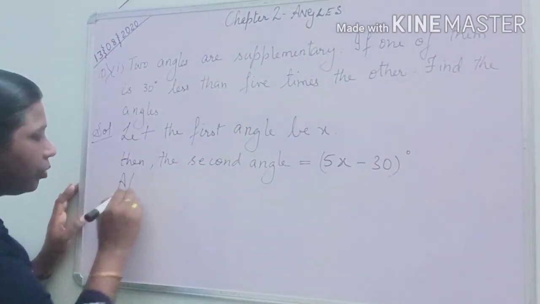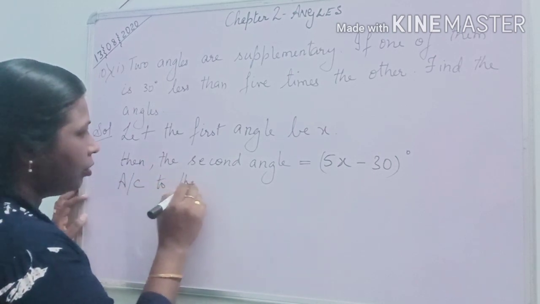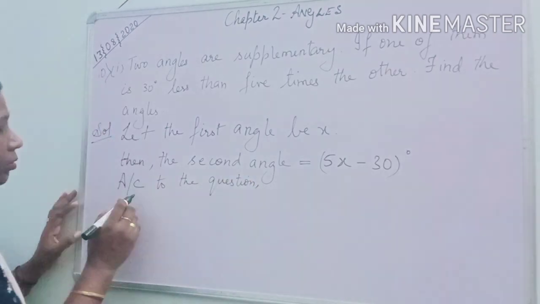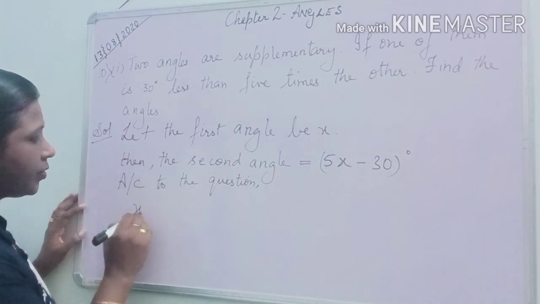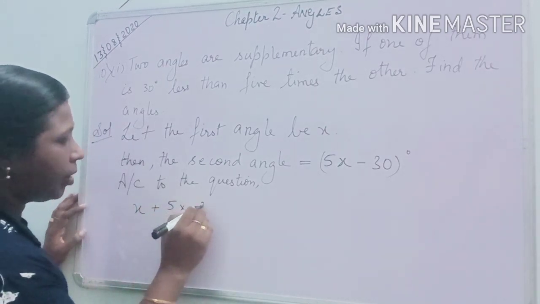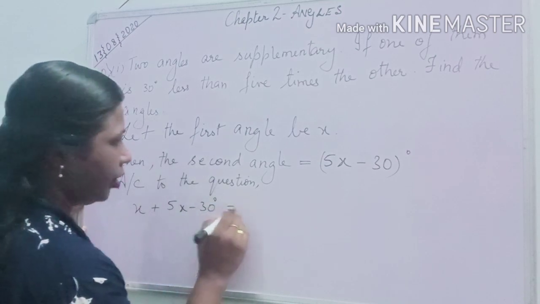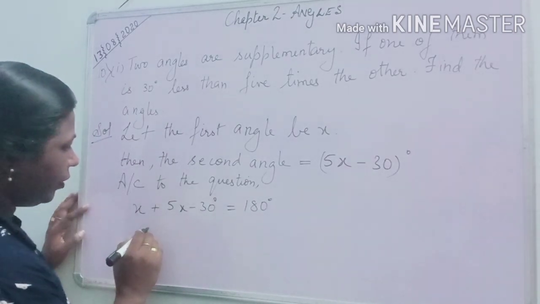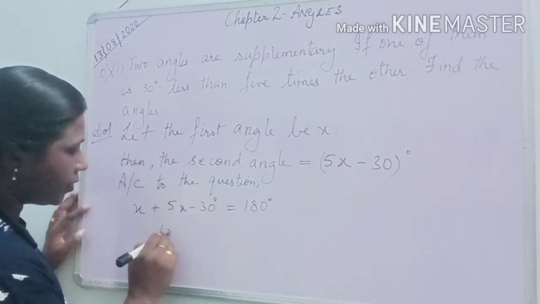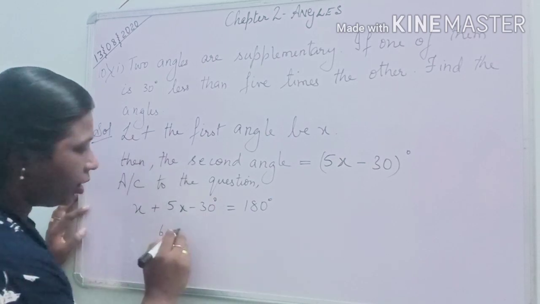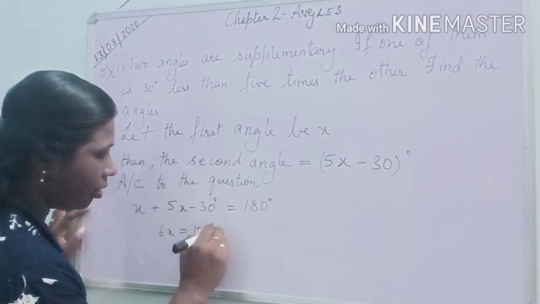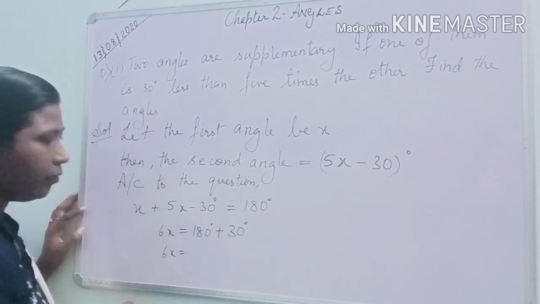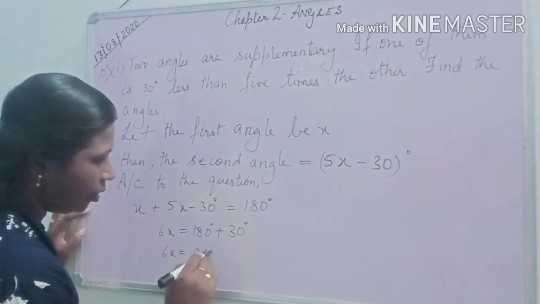According to the question, x plus 5x minus 30 degrees is equal to 180 degrees, because the angles are supplementary. So x plus 5x, that is 6x, minus 30 degrees will go that side, it will become plus 30 degrees, then 6x is equal to 180 plus 30, which is 210 degrees.